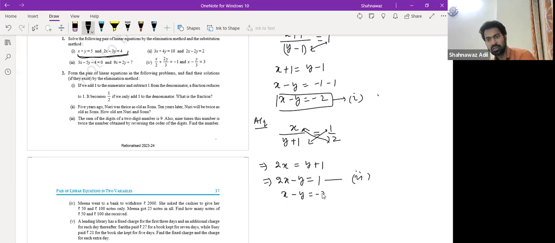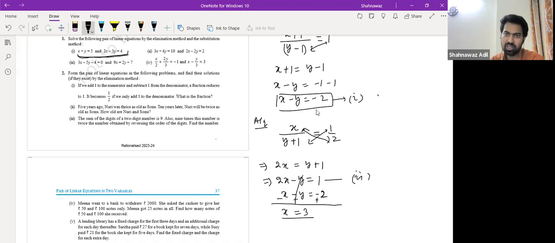Right. So you see that this is already done because this coefficient is already the same. So what should we do? Add or subtract? Subtract. Yes, subtract. This will change, so this will cancel. 2x minus x is x. Plus 2 plus 1 is 3.